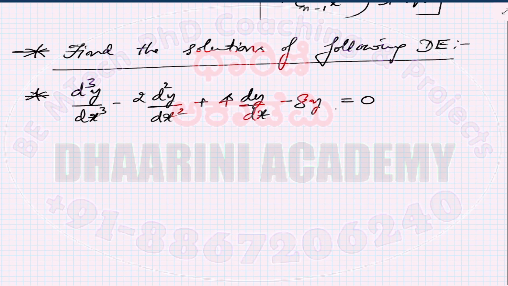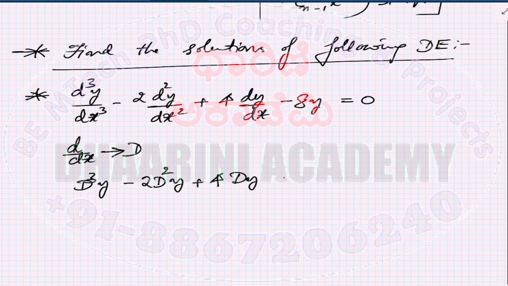In this case I can see that the right hand side is completely 0, which means I don't have yp at all. Only yc will be there, and that itself is the final solution. My first step is always to replace the d by dx in the equation by capital D. So this means it is D cube y minus 2 D square y plus 4 times Dy minus 8 into y equal to 0.